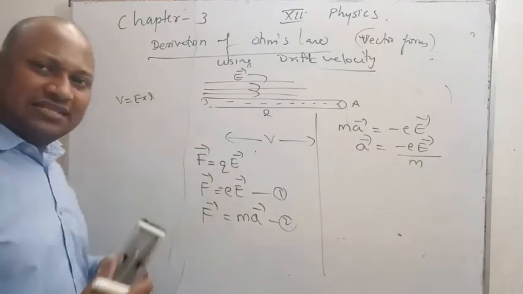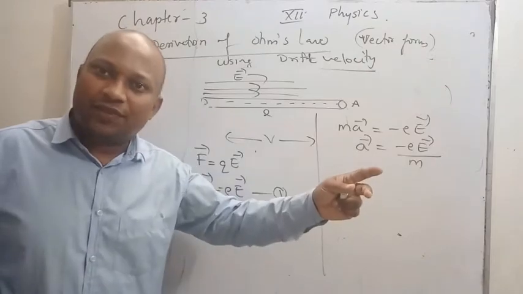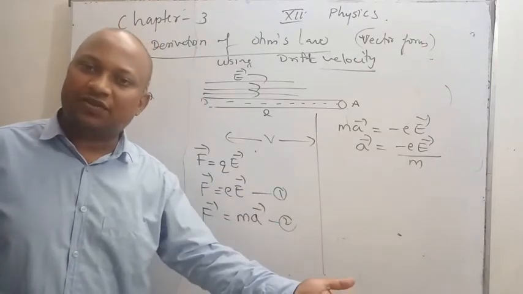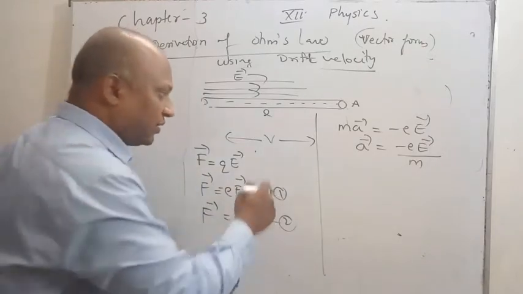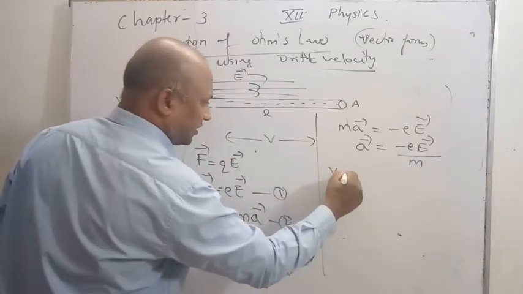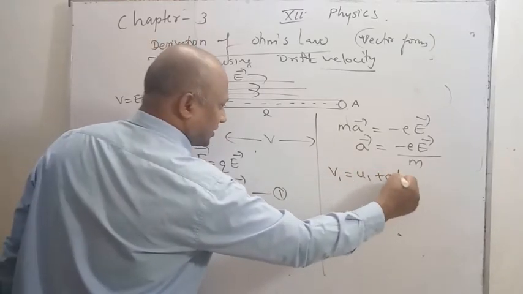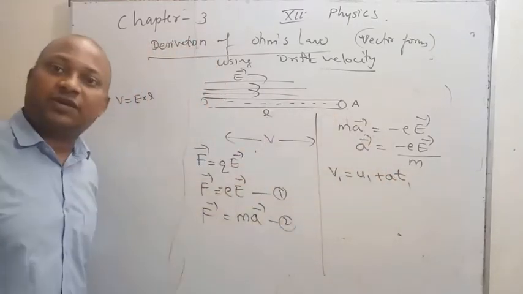So the electrons are accelerating and the velocity will change, but they will collide with an atom, and again there is a different velocity, and again it will accelerate. So let us consider an electron which is accelerating, the initial velocity is u1, and after a time t1 its velocity becomes v1.